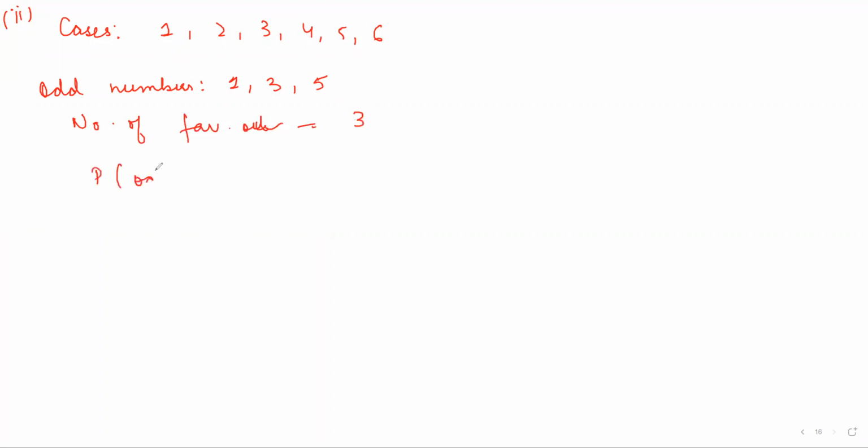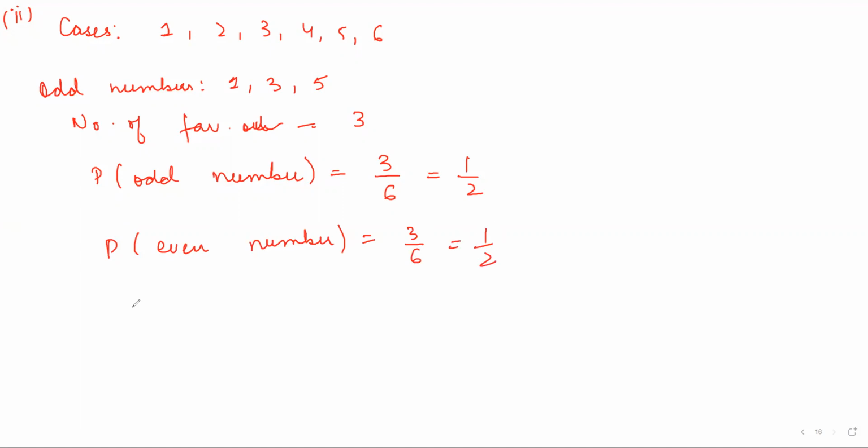So the probability of an odd number will be 3 cases divided by 6, which is half, which is correct according to the question. In the argument, it's written only odd. If you want to find even also, you also get half. Again, you have 3 even numbers, so this is again half. So therefore, the argument is correct.